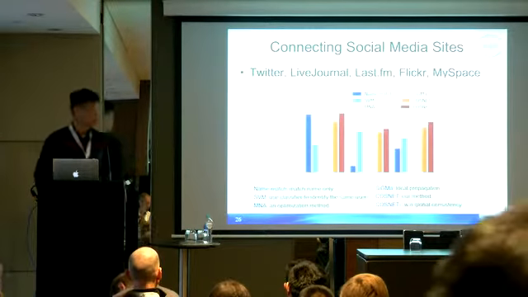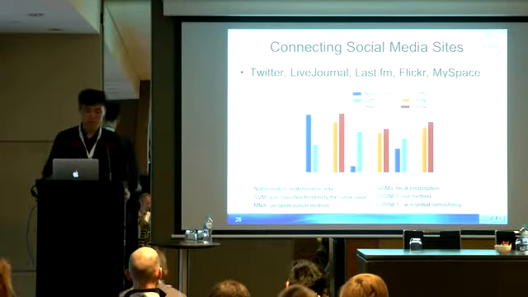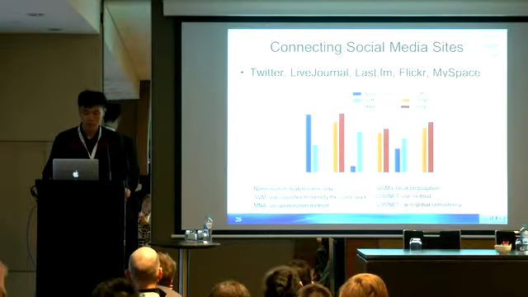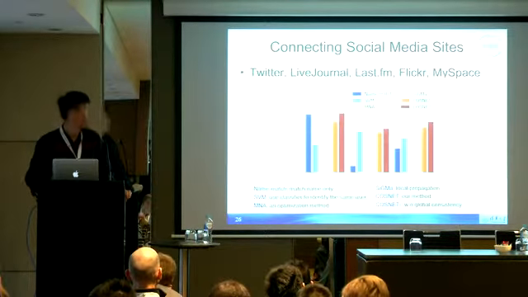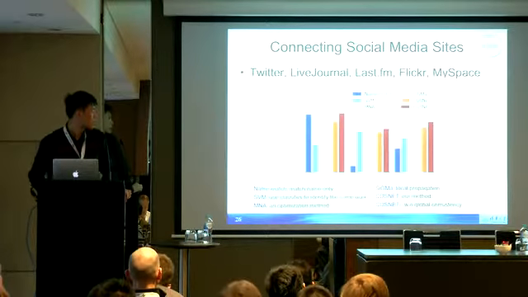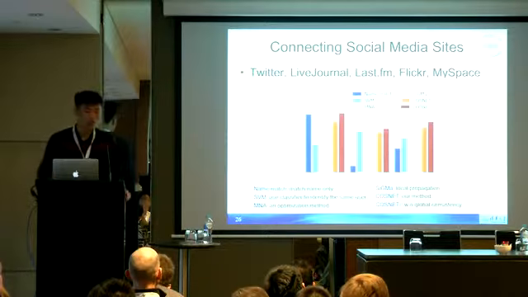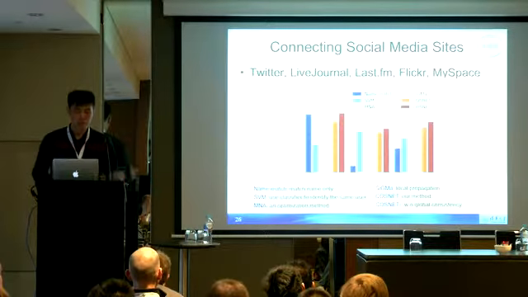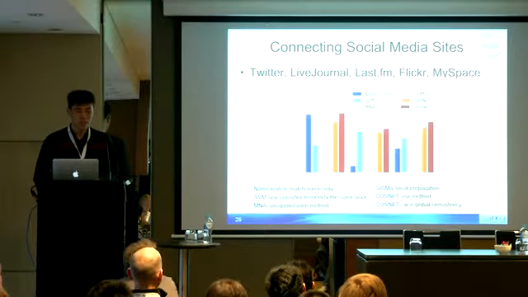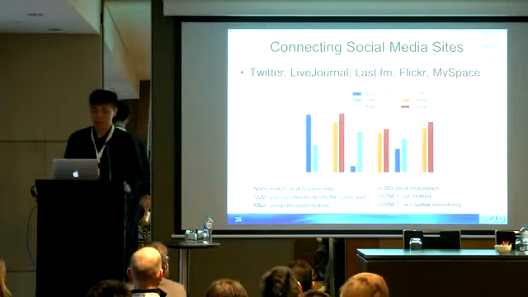And we also considered another data set. It consists of 5 popular social networking sites: Twitter, LiveJournal, Last.fm, Flickr, and MySpace. The difference between these 2 data sets is that in the previous one, users tend to use their real names on the network, so the ambiguity of names is very significant.